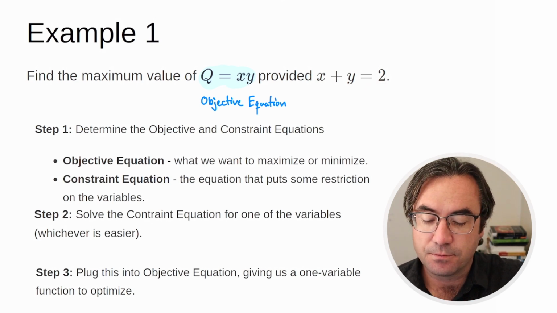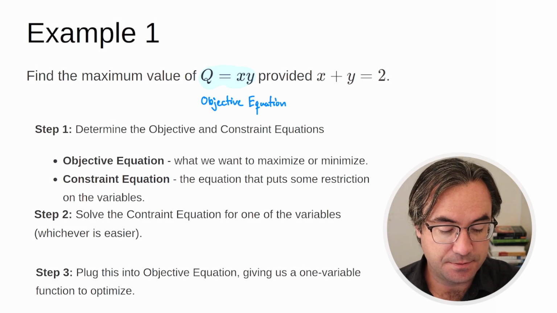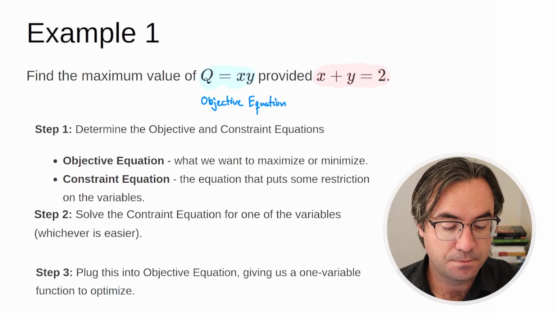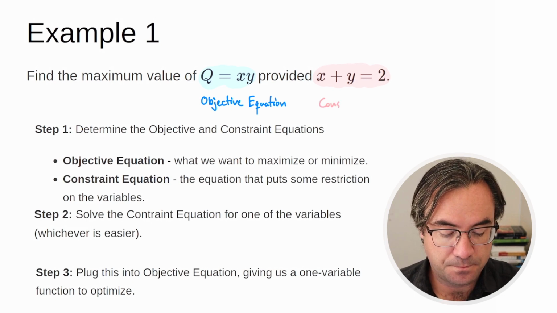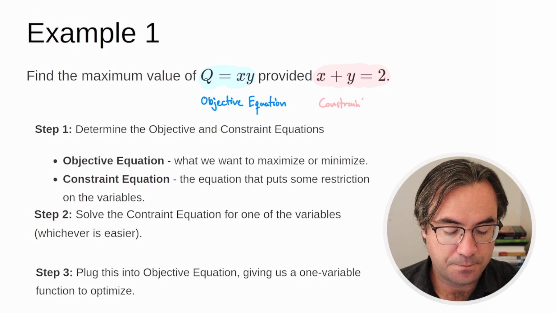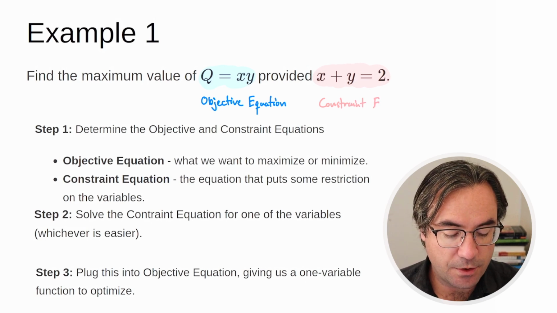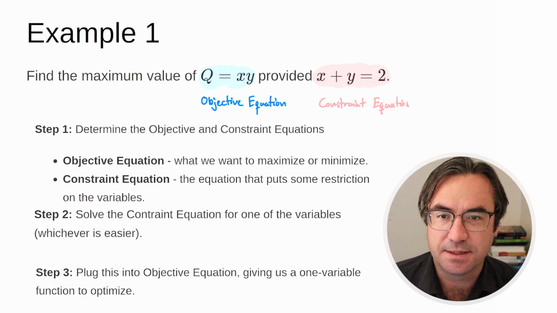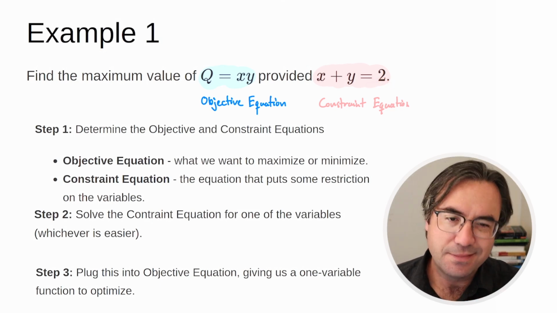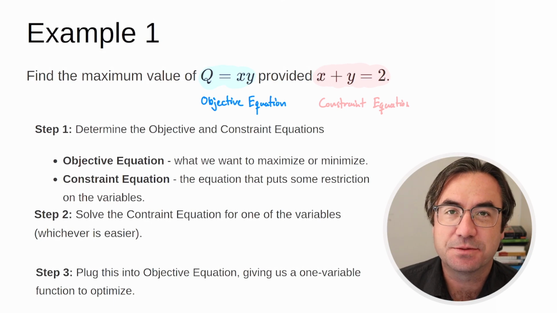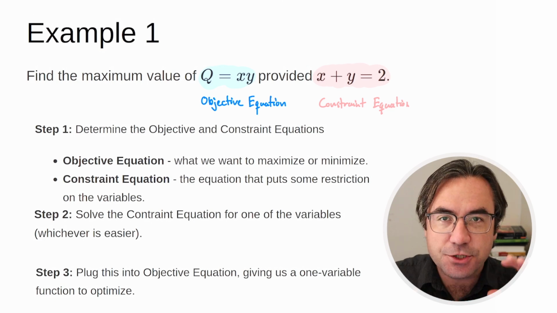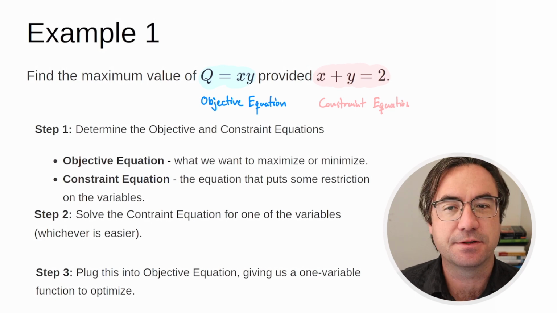So that's the constraint in this case. Normally, the constraint is an equation that's equal to a constant. Not always, but a lot of times there's some constants involved. All right, so that's the first step. Just make sure you have those two equations all settled in your mind.